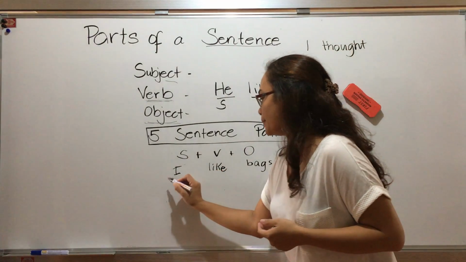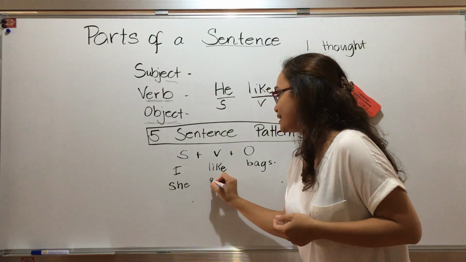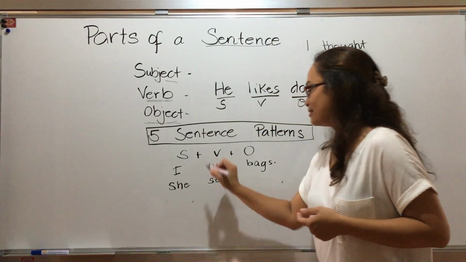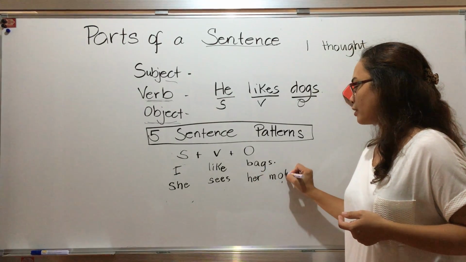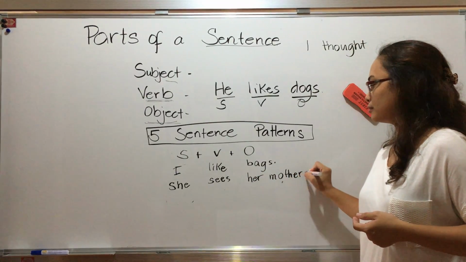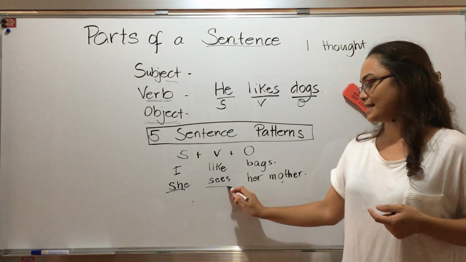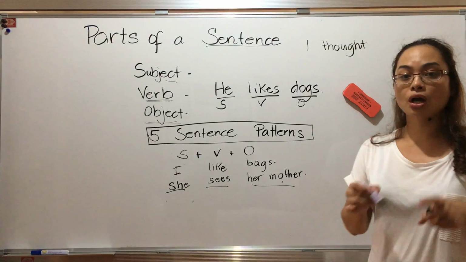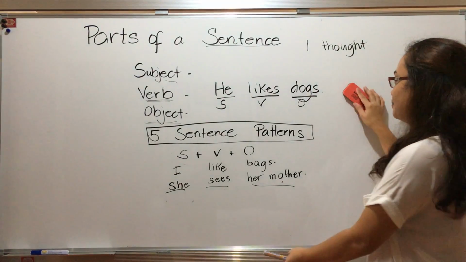Another one will be she sees her mother. See? The subject is she, the verb is sees, and the object will be her mother. Okay? That's for our second pattern.